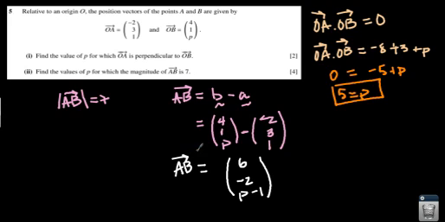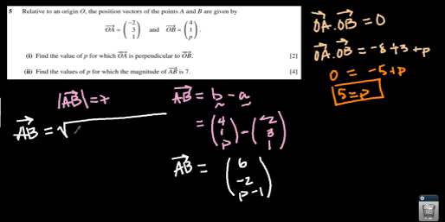So hopefully you remember that the magnitude is basically a distance. So we are going to be using what I would call the distance formula for magnitudes to find the magnitude of AB in terms of P. I'm not substituting 7 in yet, I'm just going to keep my work neat here.